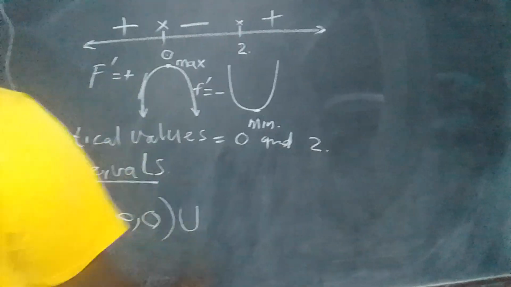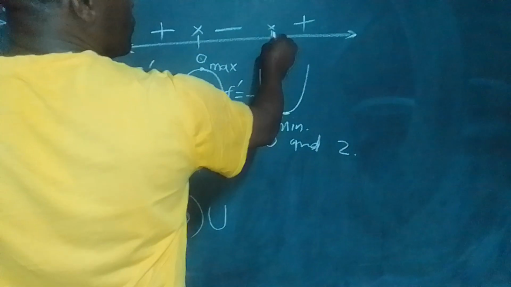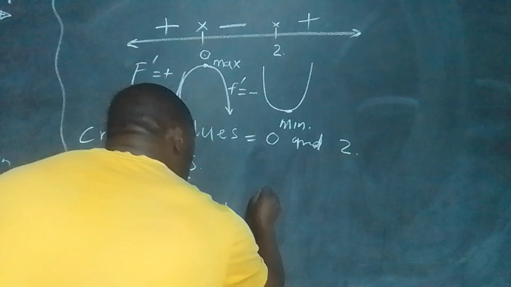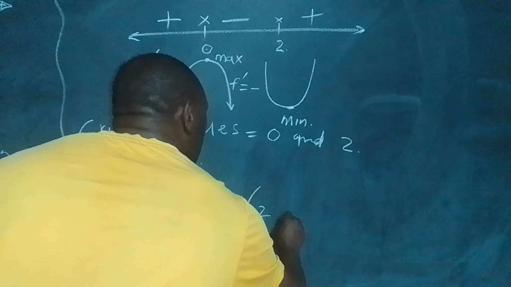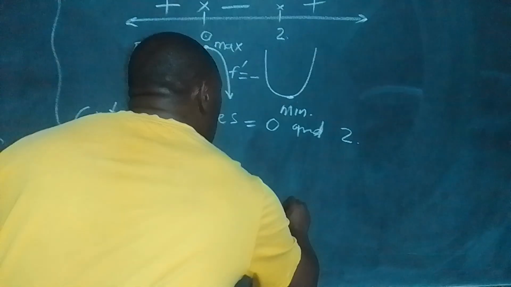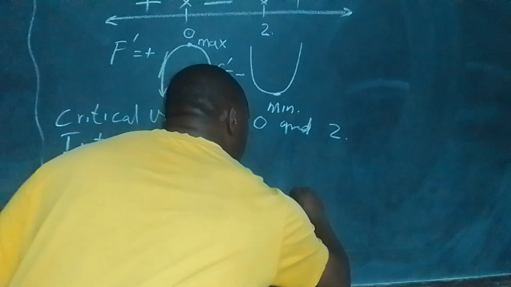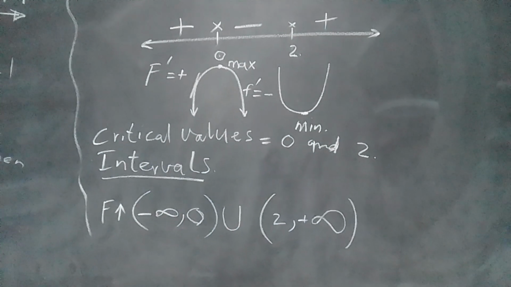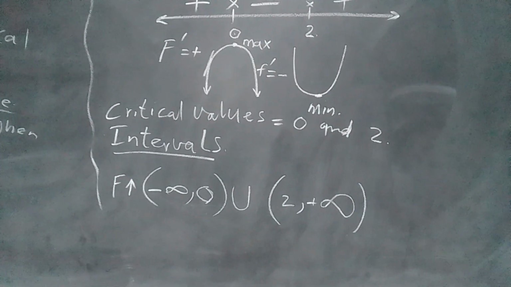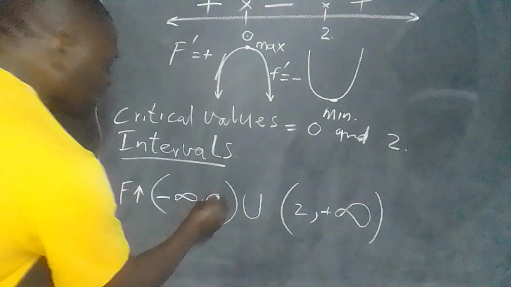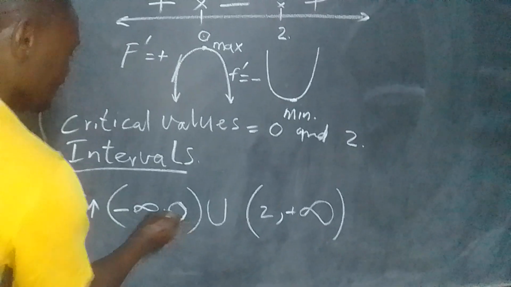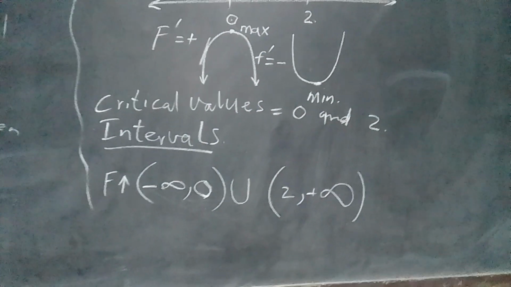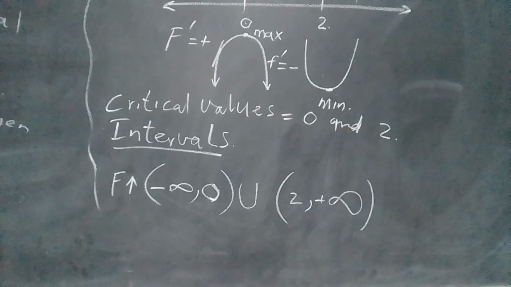Union means and. From 2 to positive infinity. Another argument can come. Mathematicians are too specific. This interval here needs to be specified.